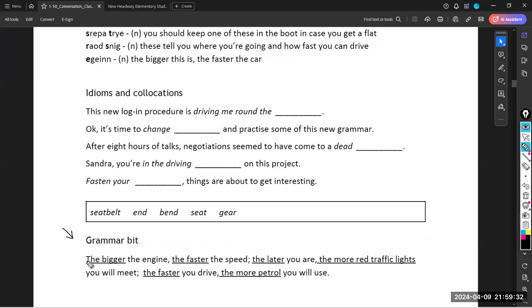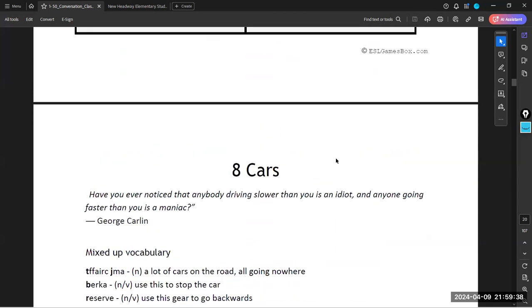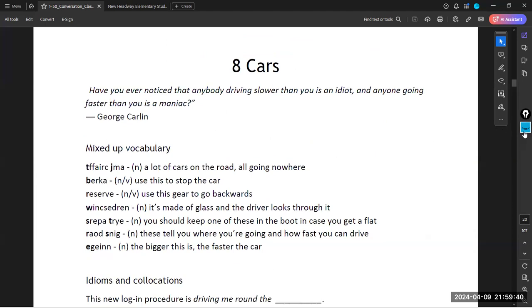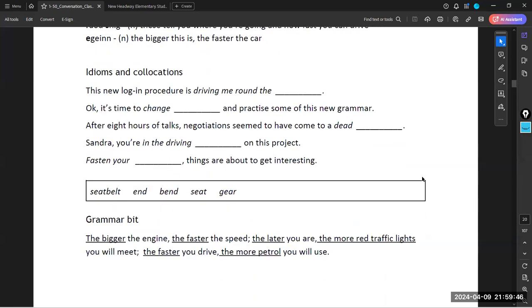Okay. Now, if you notice before in this sentence: the bigger the engine, the faster the car. So we have two clauses. The bigger, this is an adjective, and this is comparative. The bigger the engine, the faster the speed.